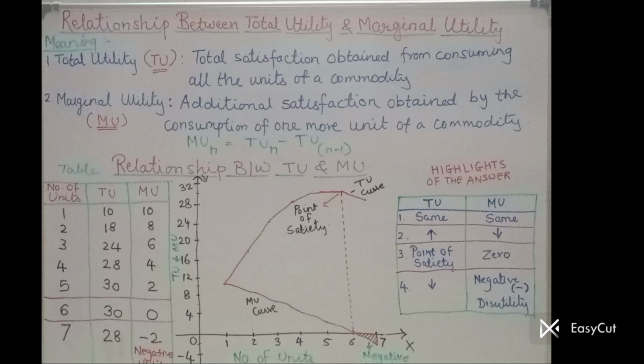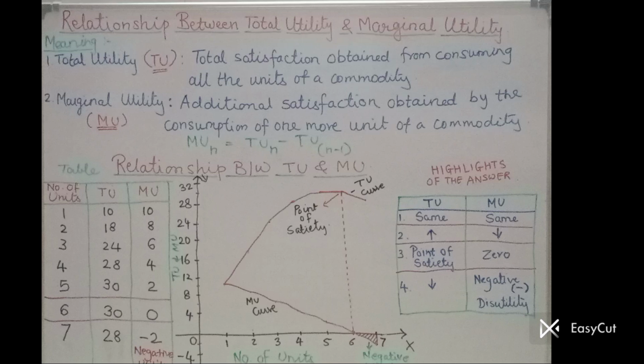As we go on consuming more, the second stage is TU goes on increasing, MU falls. As we may see in the table from unit number 2 to 5, TU goes on increasing and MU falls. It is clear in the table. Now the third stage is the point of satiety, that is the consumption of unit number 6, where TU remains constant, so that is the highest point of satisfaction, and MU becomes 0.